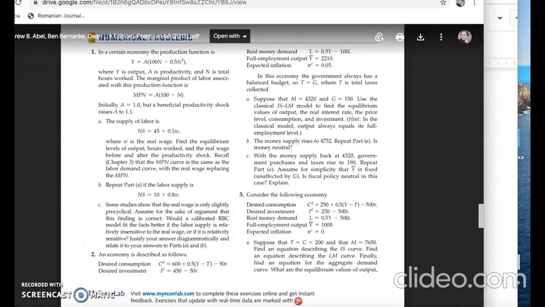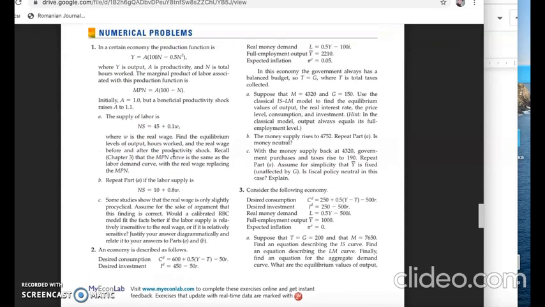We're going to look at problem number 2 of chapter 10. Here we have the values of desired consumption, desired investment, and so on. Here we should also mind that taxes equal government expenditure. T is the total taxes collected.